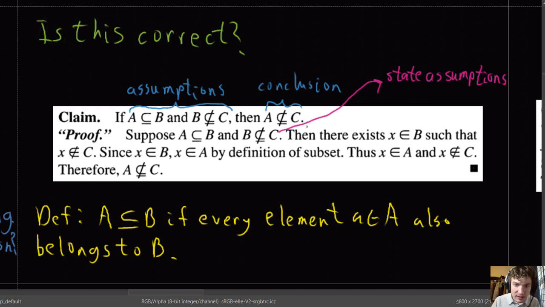Okay, next sentence. Then, the word then signals that this should be a deduction. Then there exists an element x in B such that x is not in C. Well, why is this true?